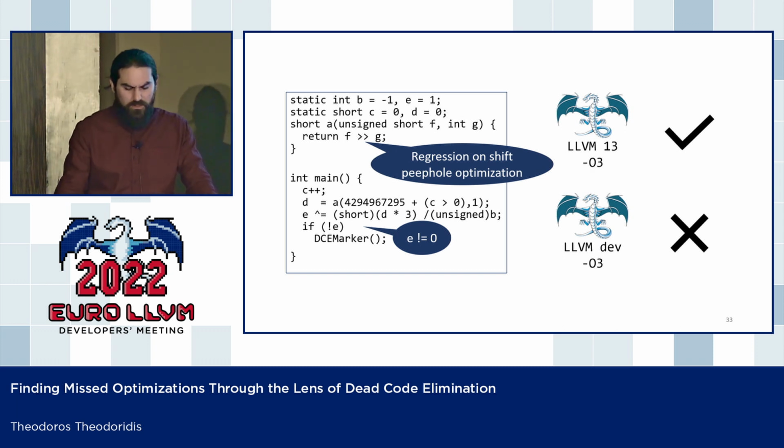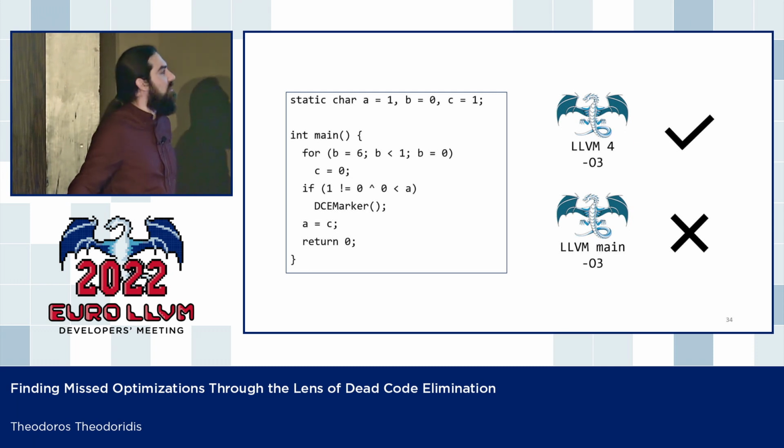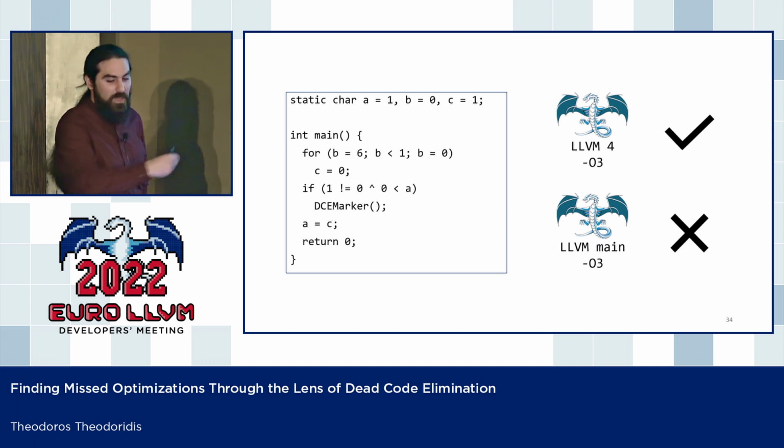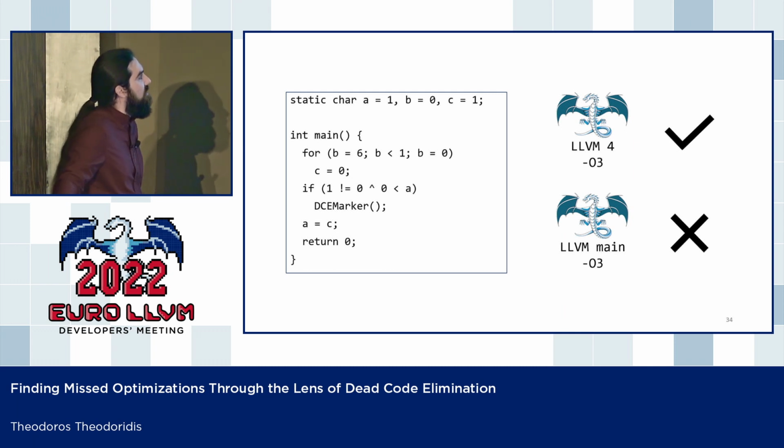And we can even find very old regressions. For example, here we have one where LLVM 4 is able to eliminate a piece of code at O3, but the main branch cannot, well, at least the main branch until a few days ago. And if you look at the code, and spend 2 minutes here, we can really see how it makes sense that the marker is dead.